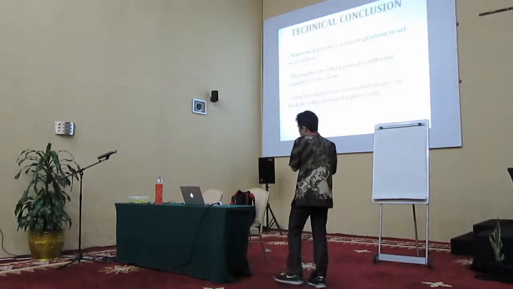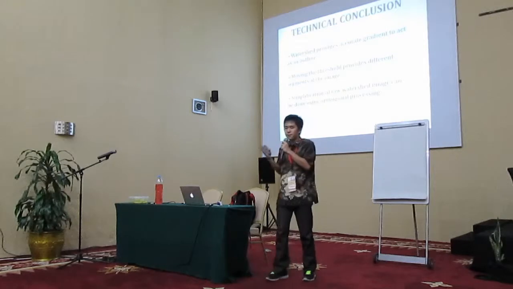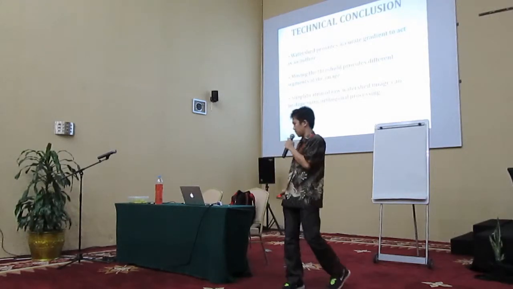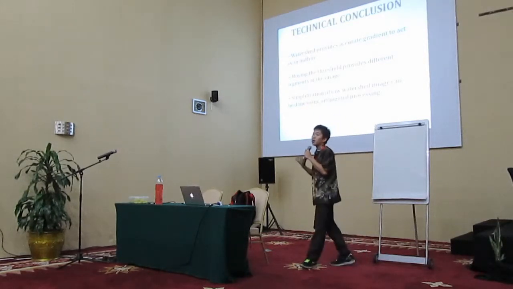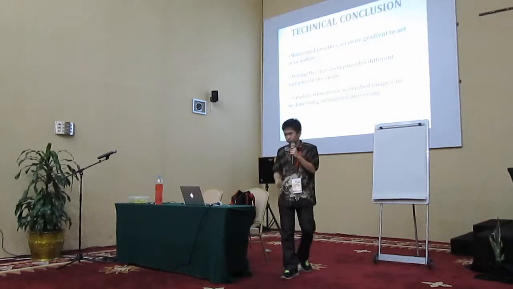And by moving thresholds, we obtain different segments of the image, different values of pixels that we want to analyze or orthogonalize. Also, simplification of raw watershed can be done using orthogonal processing. It is possible. It only needs to be converted.